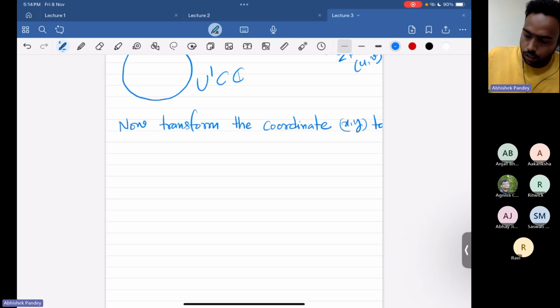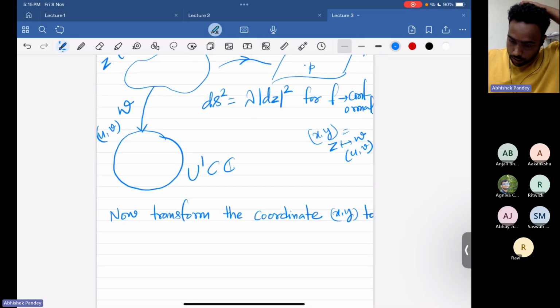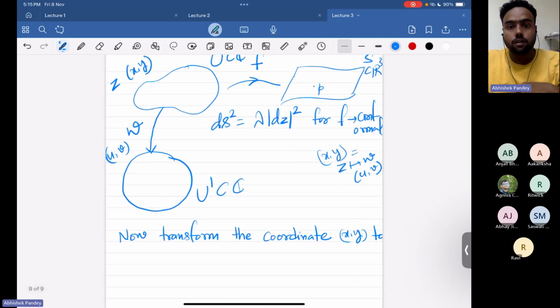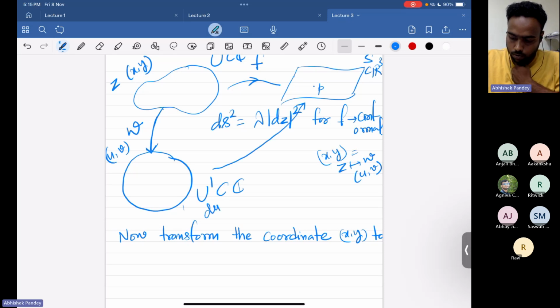Just let me know whether it is clear why we are transforming the coordinates. Otherwise you can't write ds square as some positive function times dz square. Once this transformation becomes isothermal, du square and dv square will satisfy this form.